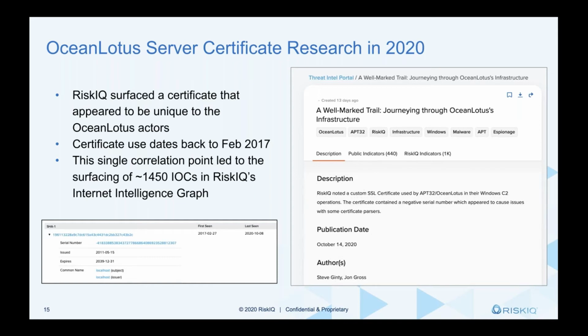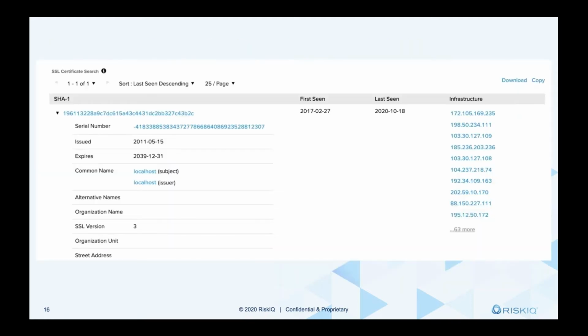And it was a single correlation point that really connected almost 1,500 IOCs from RiskIQ's Internet Intelligence Graph and really told a story about this threat actor. It was an opportunity to burn all their infrastructure again. And so we ultimately put out an article, but let's dive into how we actually did the investigation.